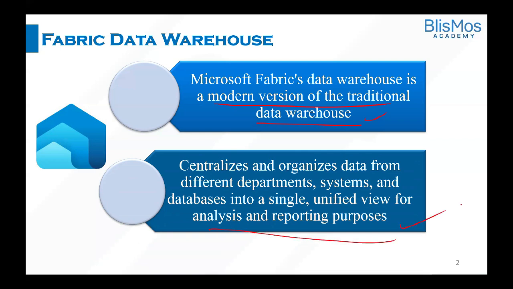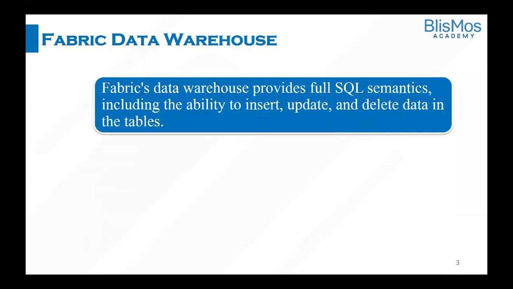There is no change in purpose, but as we proceed, we will get to know some of the important features that qualify it as a modern version. The data warehouse provides full SQL semantics, including the ability to insert, update, and delete the data in the tables.